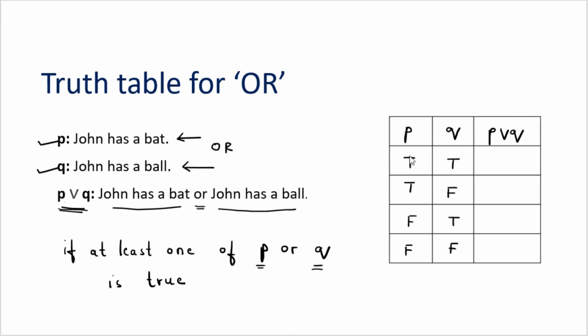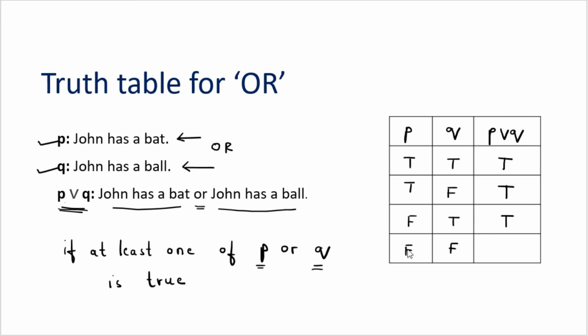Now in this case, P is true, Q is true, and we require at least one to be true, so this is obviously true. Second case, P is true, Q is false. We require at least one to be true and we already have P true, so this is true. In this case P is false, Q is true, again at least one should be true and Q is true, so this is true.